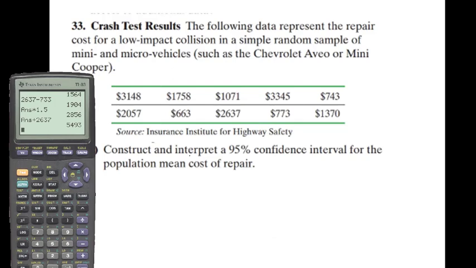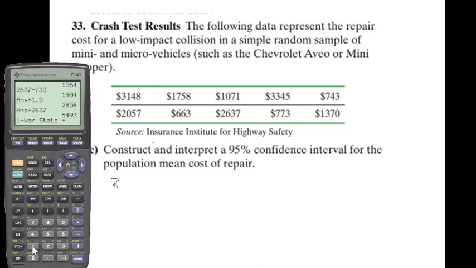All right, so we want to construct a 95% confidence interval for the population mean cost per repair. So from that, we already have the data in stats, so I'm going to need some stuff. I'm going to need to know X bar. So I go stat, sideways to calc, and I hit list 1, second list 1, and enter.